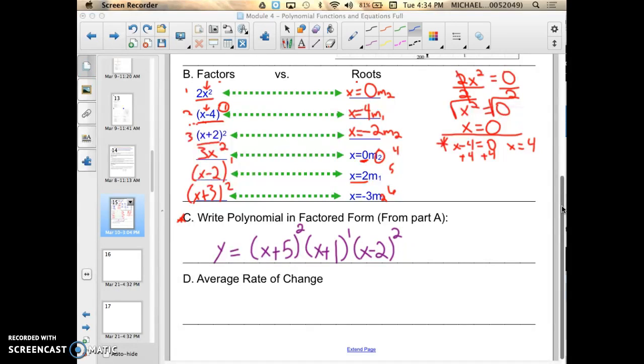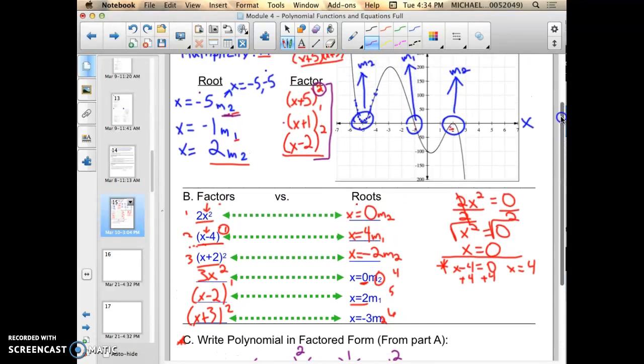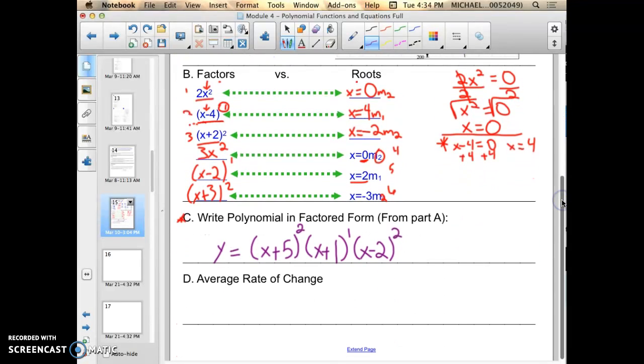When a polynomial is written in factored form, it can tell you a couple of key pieces of information about the specific polynomial. And we have been given the graph, so we could tell this from the graph as well, but I just want to show you this because we're going to talk about this in the future. If I were to multiply all this out and get it into standard form, because that's the whole purpose, to go from roots to factors to standard form, but I'm not going to have you actually do that.